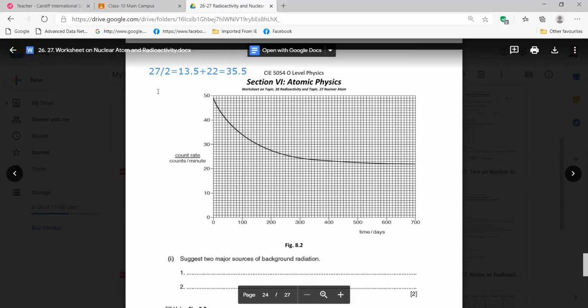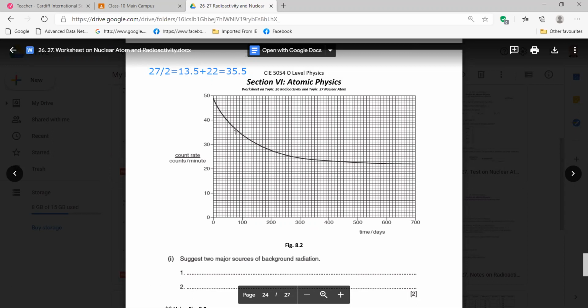Your half-life is related to the count rate from the source, not from the background radiation. So we are making the source count half. That one is only for the sample or source, not for background. That's why we made it half and it's coming to 13.5.